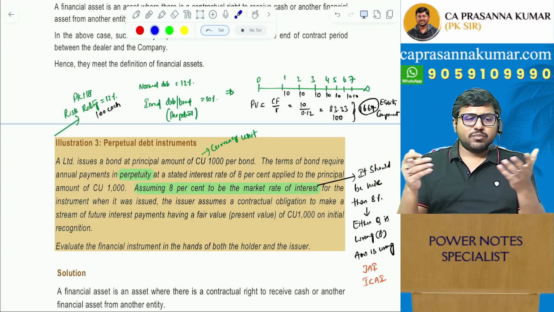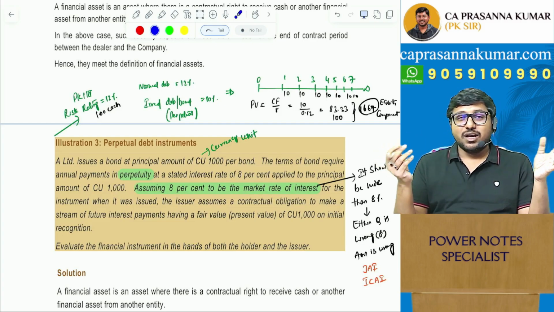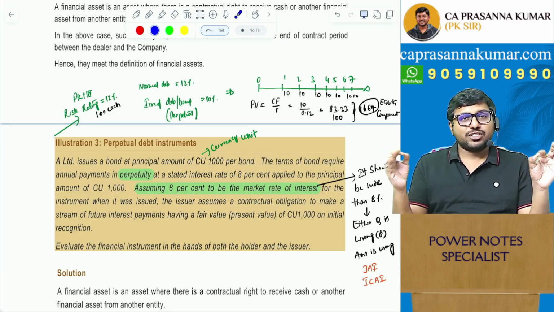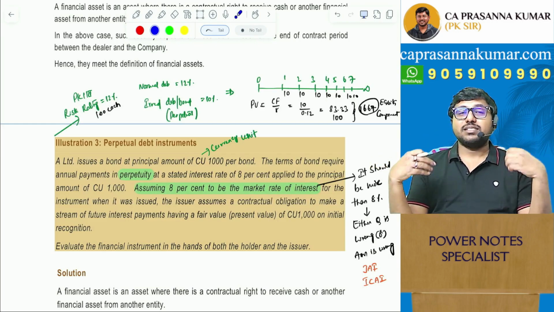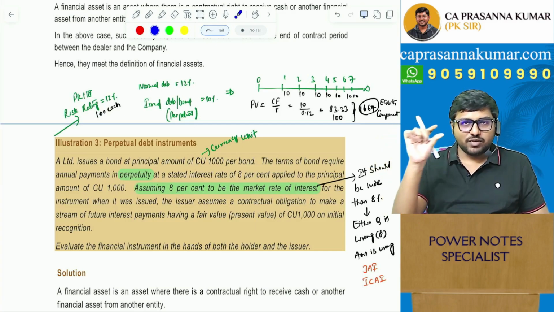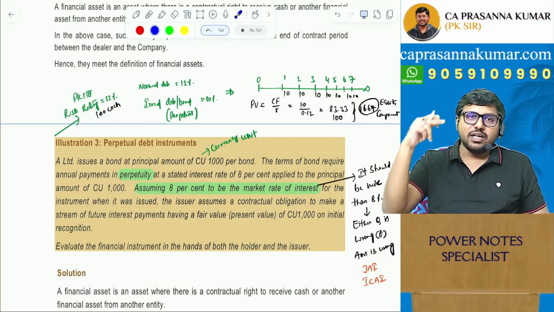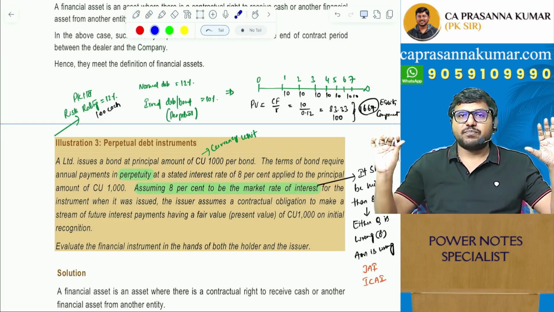At your discretion, probably when you wind up your company, when your company goes for liquidation, or at your choice. When something is at your discretion, at your choice, and it is not an obligation, try to remember this, not an obligation, then it satisfies the definition of an equity instrument. Therefore, that redemption part is an equity instrument.